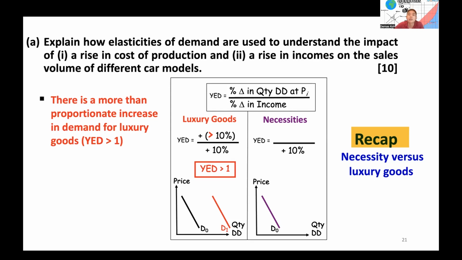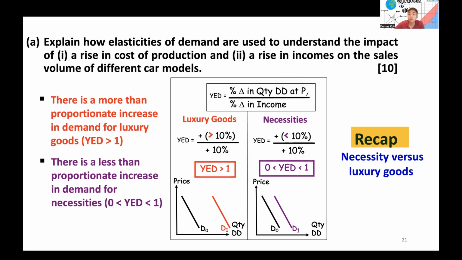And if the denominator, the percentage change in income, is positive 10%, but the numerator is lower than 10%, we have a YED value that is between 0 and 1. And that means that the rightward shift in the demand curve is less significant.